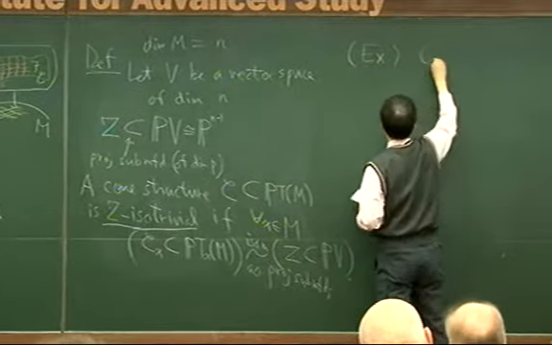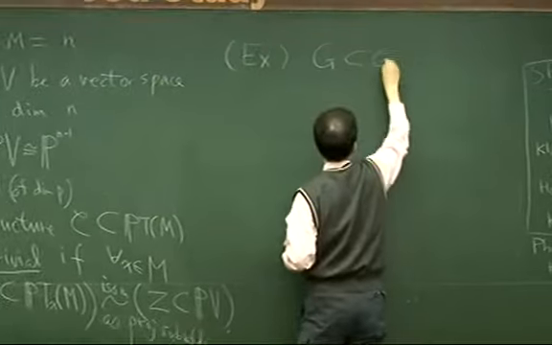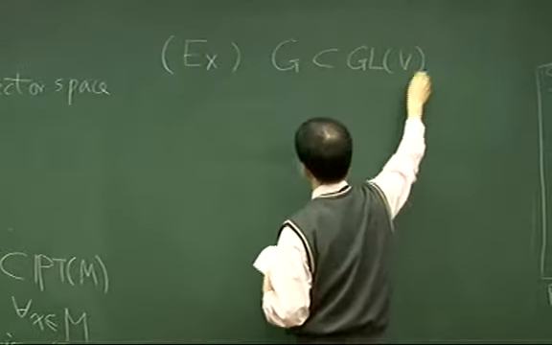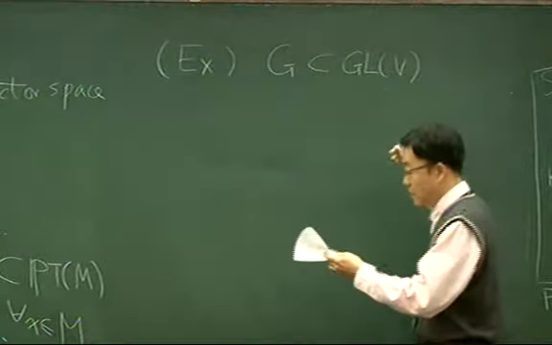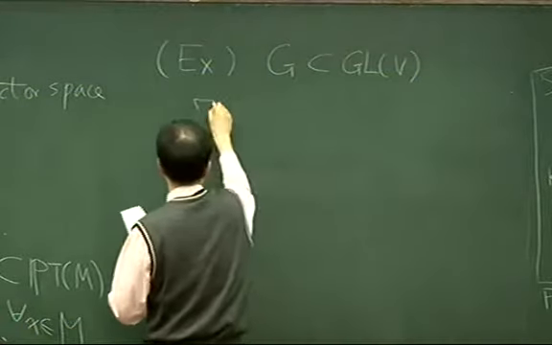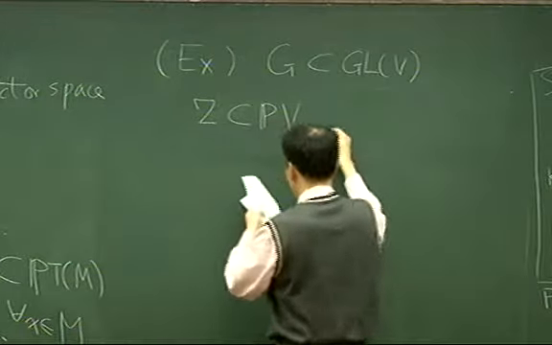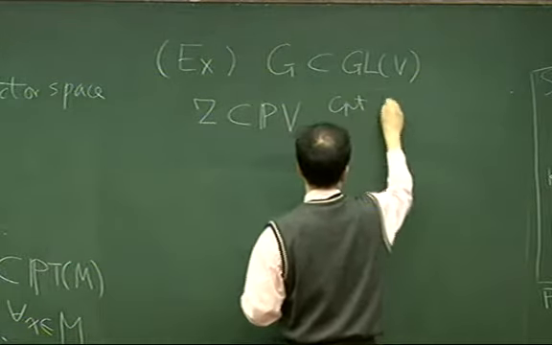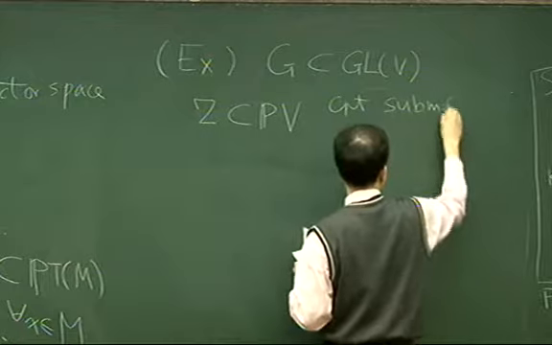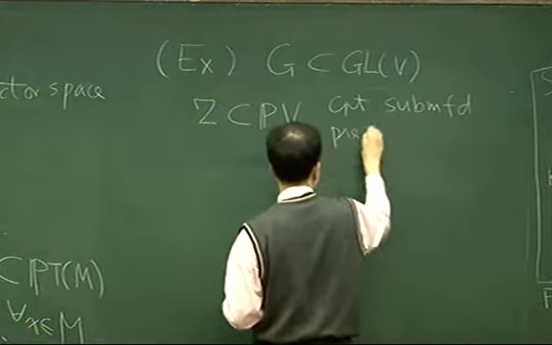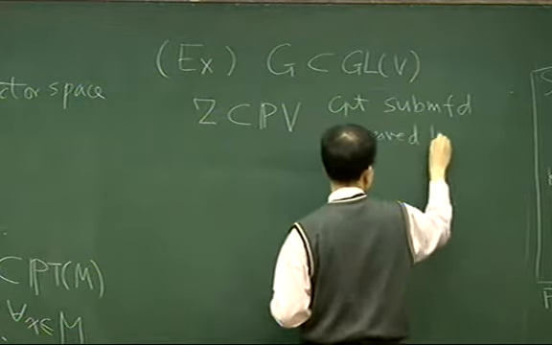Suppose you have really a Lie group G as automorphisms of this vector space. And suppose you have a submanifold. So this is a compact submanifold preserved by the action.